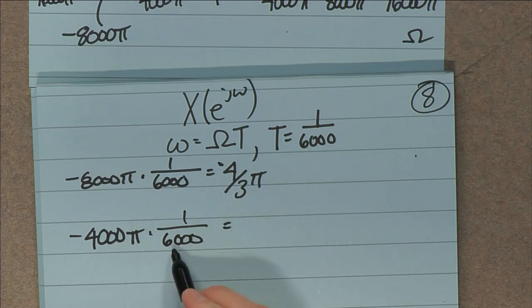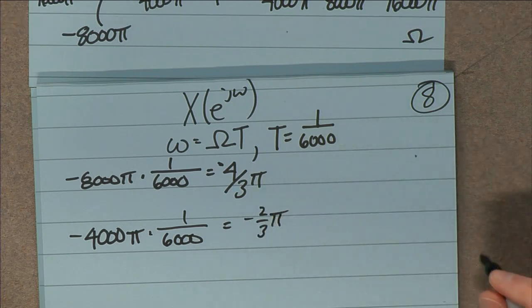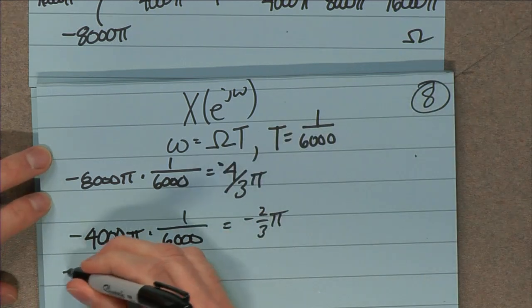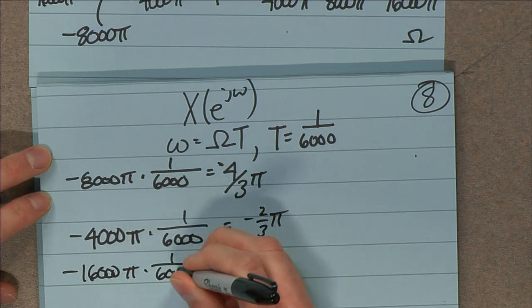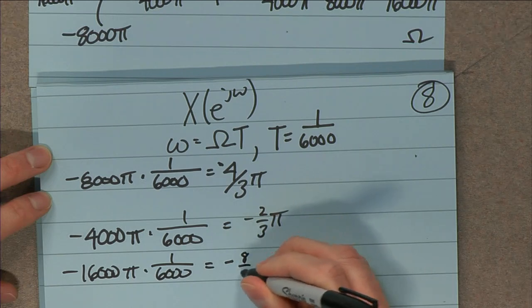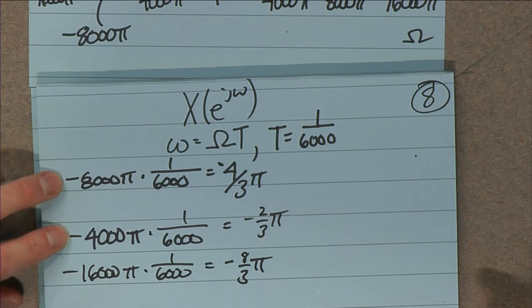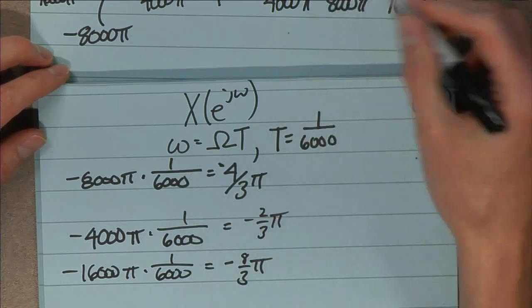Divide the thousands out, 4 over 6, that's the same as 2/3, so it's minus 2/3 pi. And that means what? Minus 16,000 pi times 1 over 6,000. It's just going to be double that, so that'd be minus 8/3 pi. Of course, the negative signs could be positive signs, so hopefully we have all our scaled values of the spectrum.